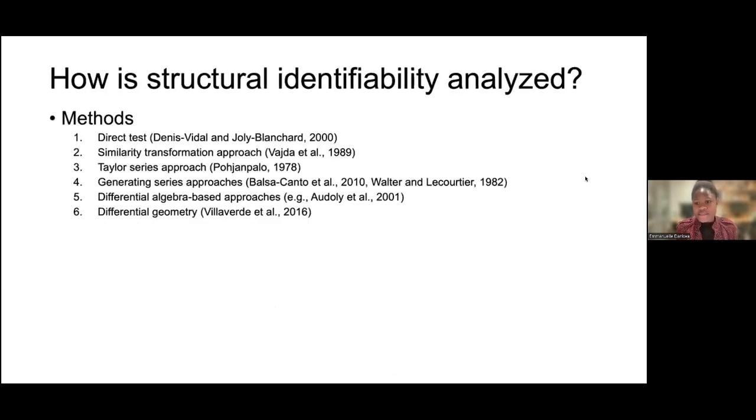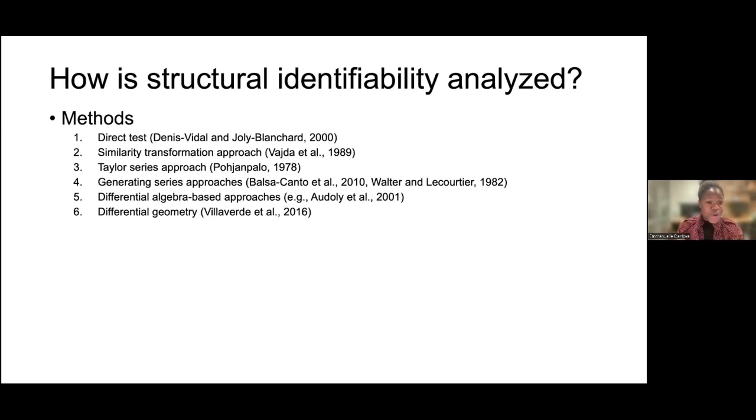So to the methods for analyzing structural identifiability, a lot of methods have been proposed, particularly in the systems biology literature, which is Gemma's background, but they range from very simple methods like the direct test, and the direct test employs the definition of structural identifiability, which we just looked at.